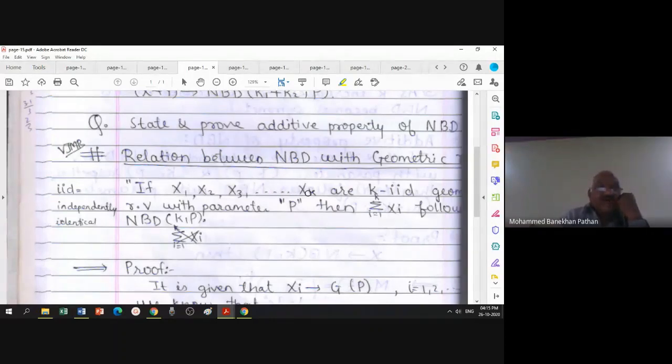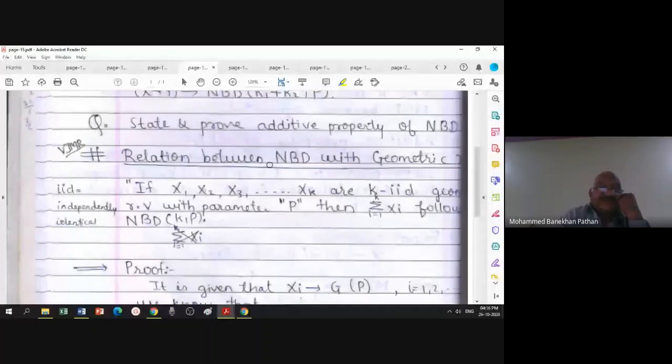That means all of them follow geometric with one parameter value. p is not changing. That is the concept of identical. And independent, these all are independent. If these two conditions are satisfied, I can make the sum of geometric. And the sum of geometric goes where? It goes to NBD.